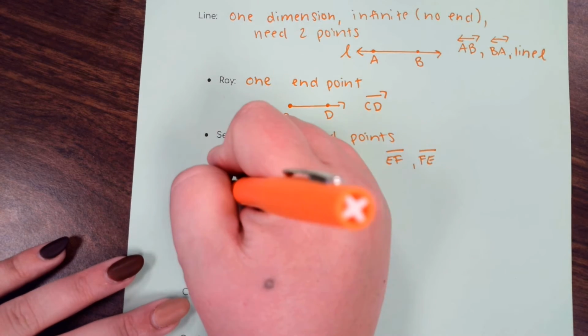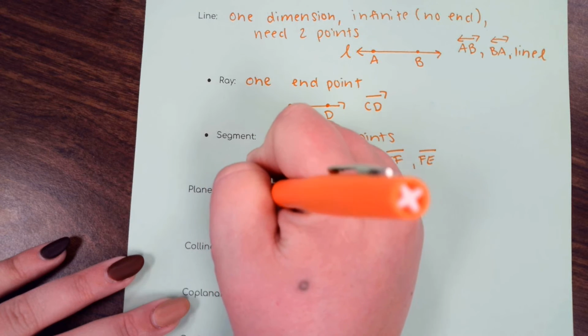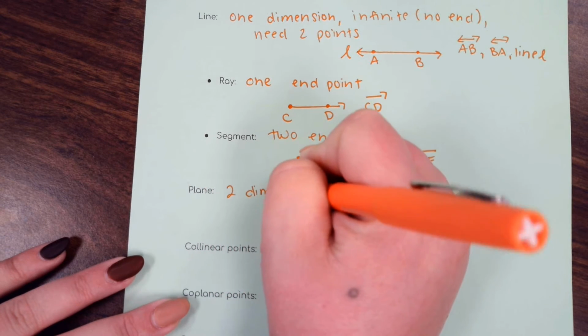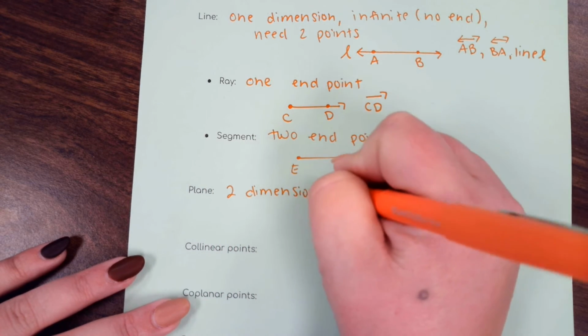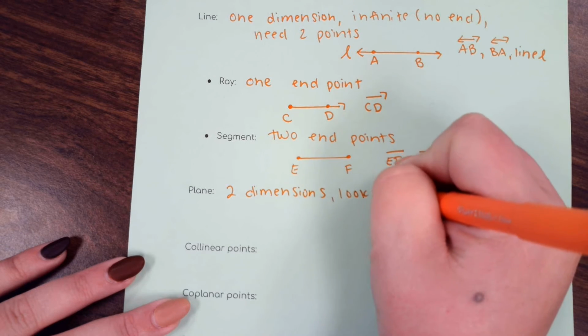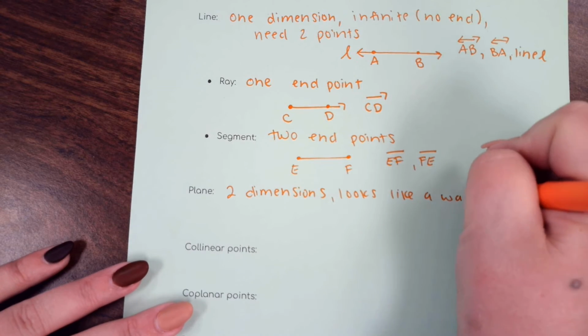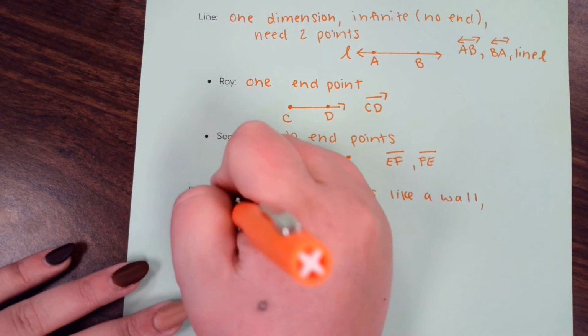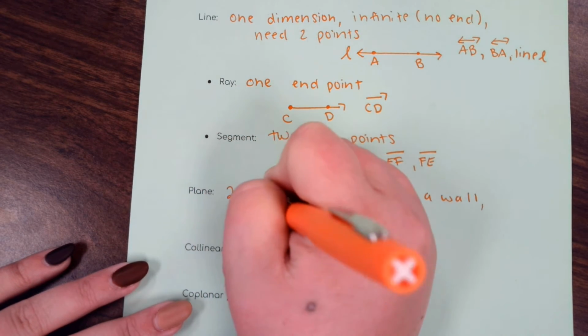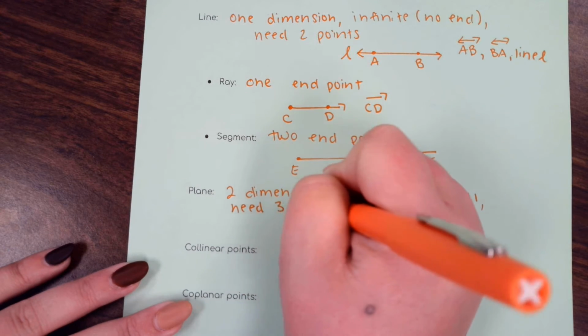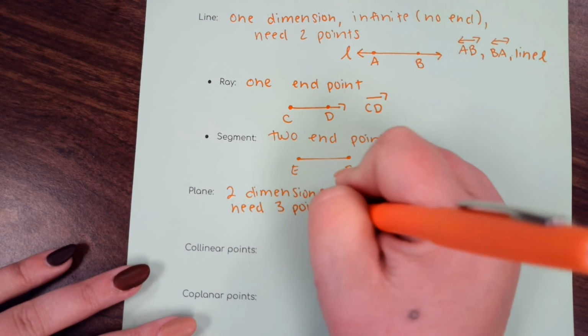Next definition we have is plane. Plane is 2 dimensions. It looks like a wall. So it's a flat surface. And you need 3 points to identify a plane. And these are also infinite.